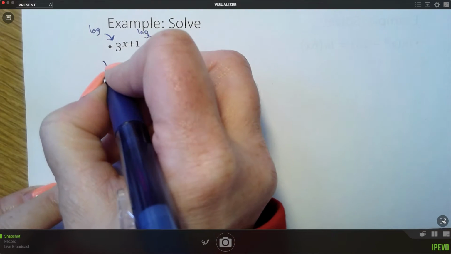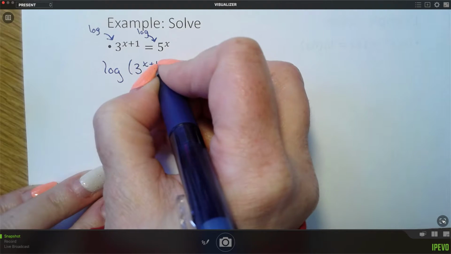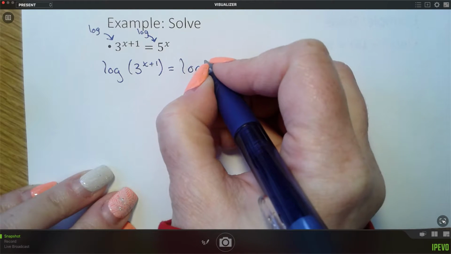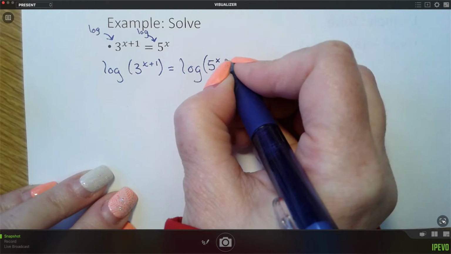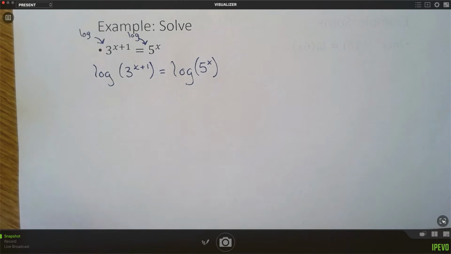So I can do the log of 3 to the x plus 1 equals log of 5 to the x. What base did I put that in also? 10. I did it to both sides, right? That's legal.